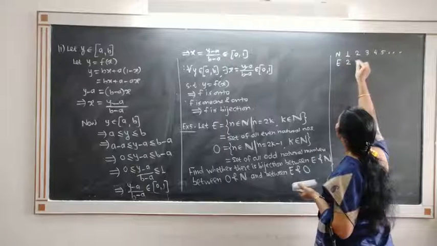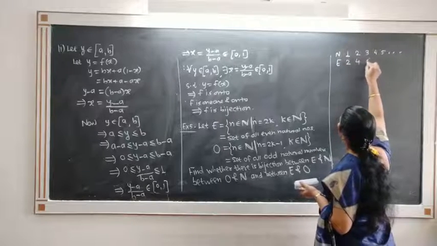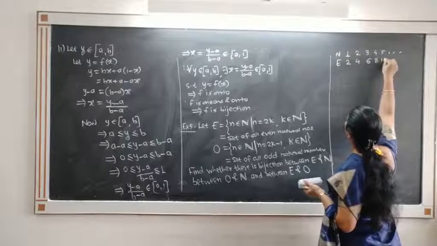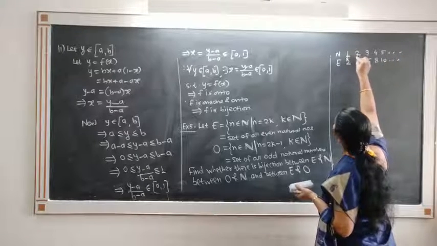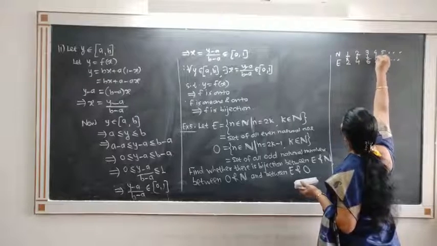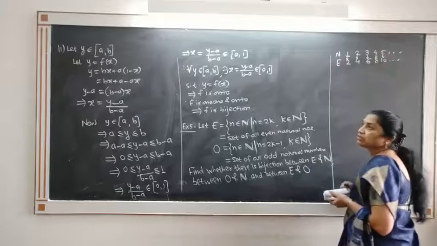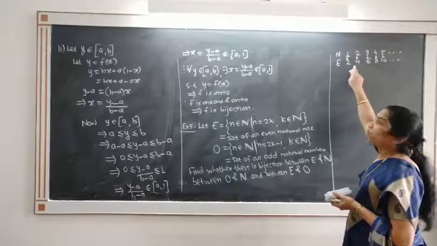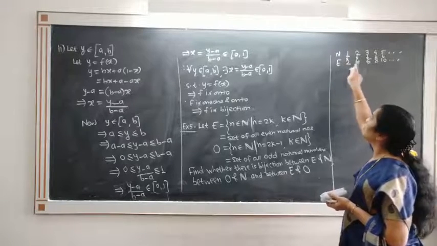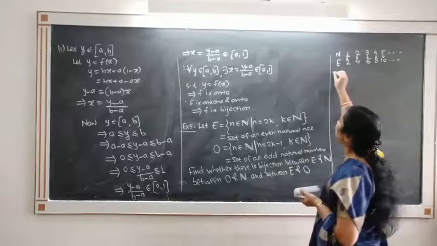And E has elements 2, 4, 6, 8, 10 and so on. So, if you map these elements, obviously there is a bijection. It is a 1-1 onto map. For each element, we are getting a different image. So, this is a 1-1 onto map.